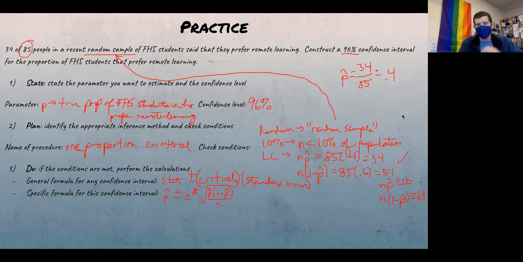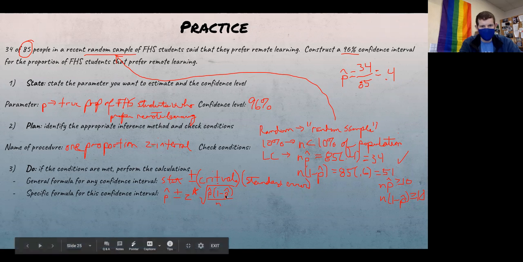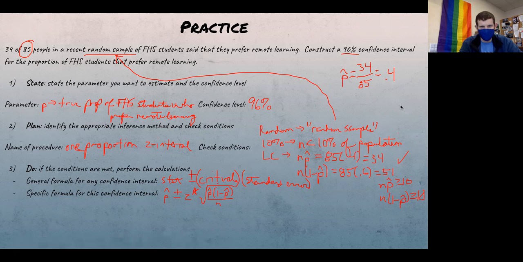And like I've been saying a few times, when we create an interval for means, we'll have a different specific formula to use there. And now, I'm not going to conclude just yet. That's the last part of this.